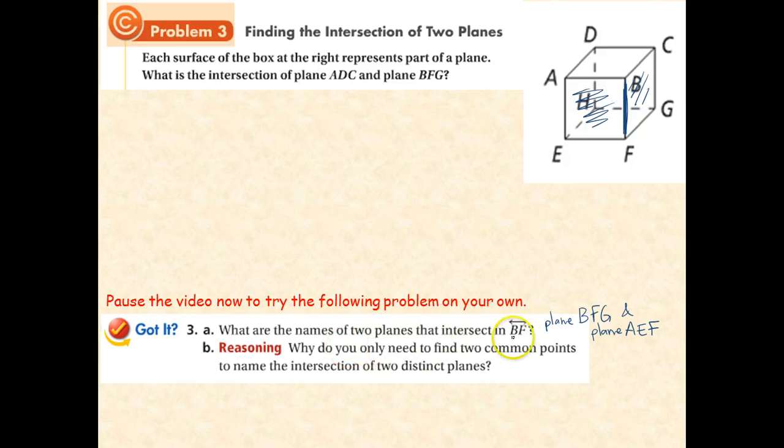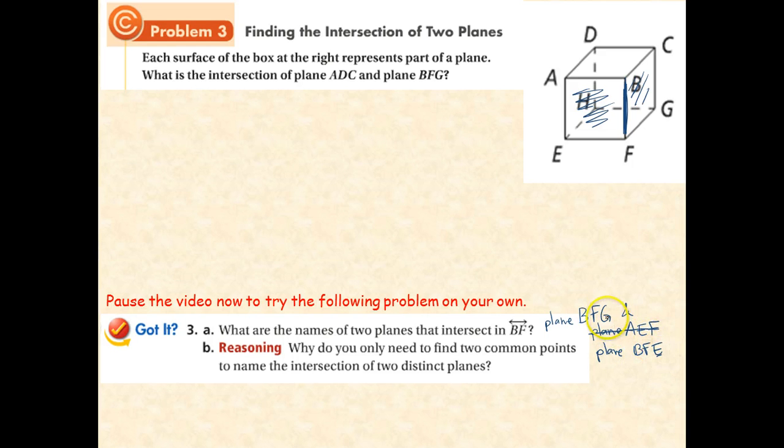Why do you only need to find two common points to name the intersection of two distinct planes? Well, think about this. What if I named this first plane BFG, and the second plane we can call BFE, can't we? We could call this plane BFE.